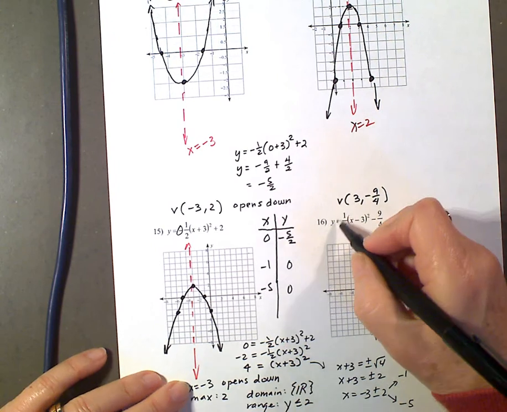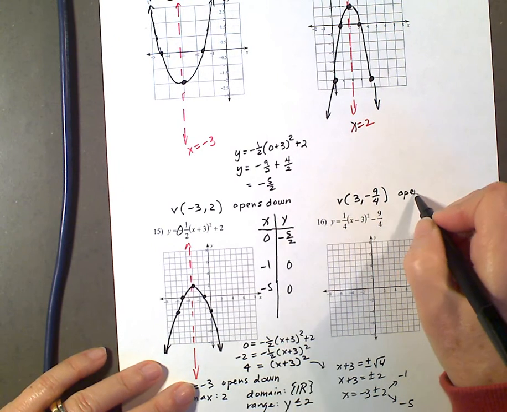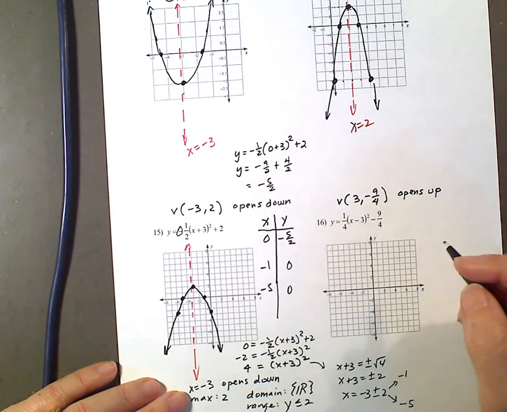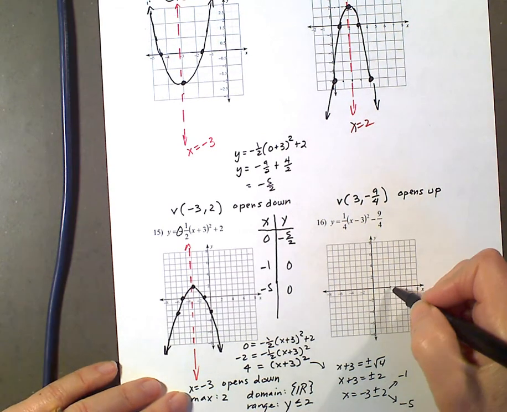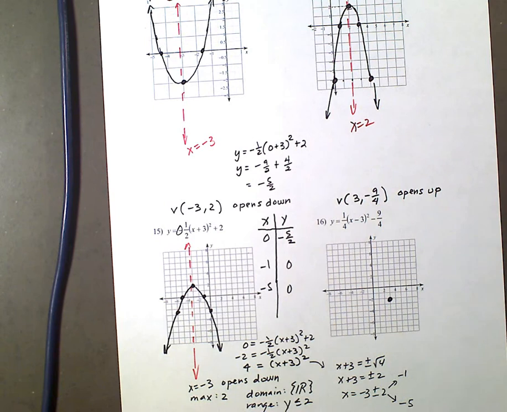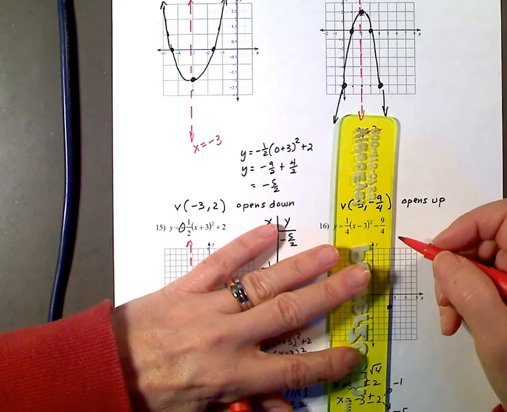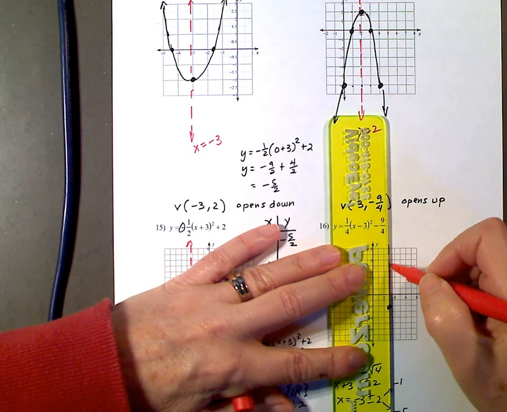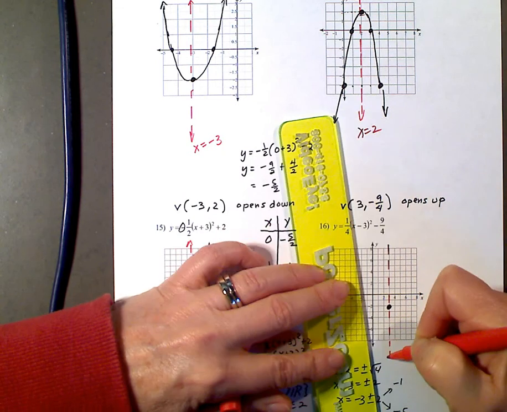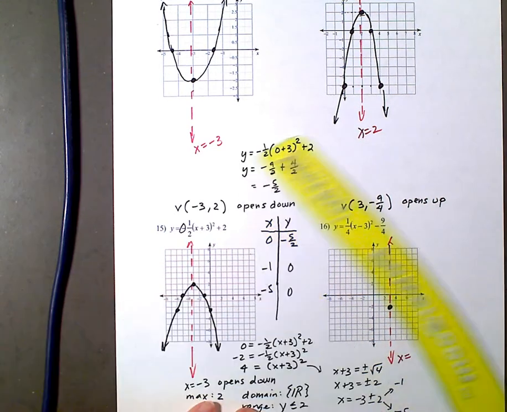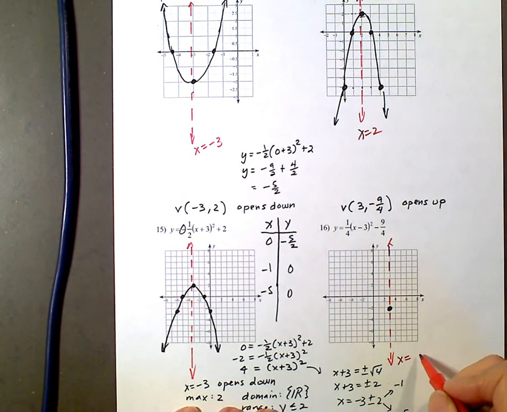A is positive, so this is going to open up. So that's going to be at 3 and then -2 1/4, so right about here. And put my symmetry line through it. This is x equals 3.